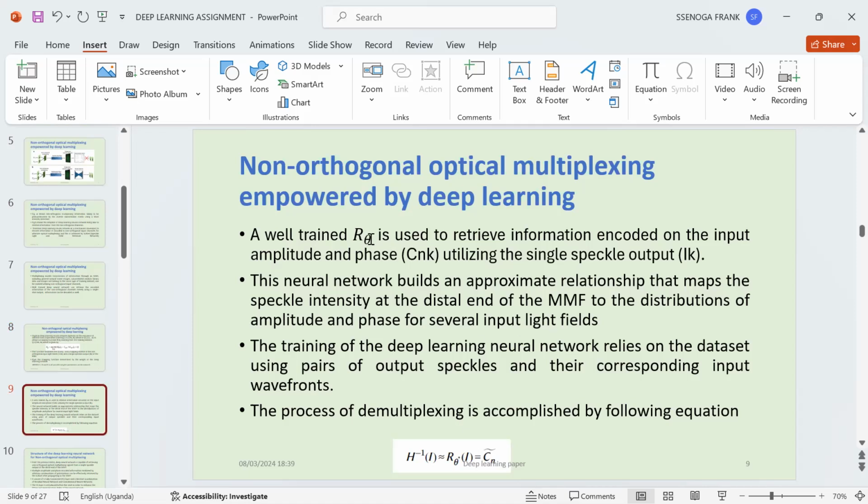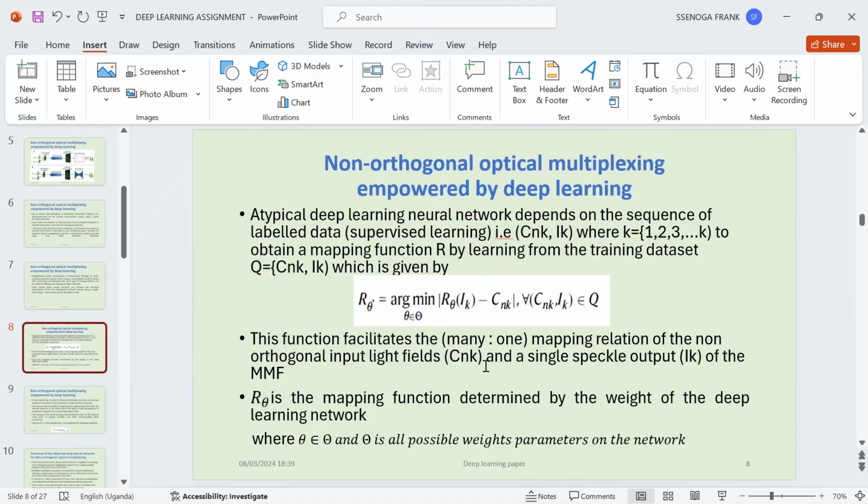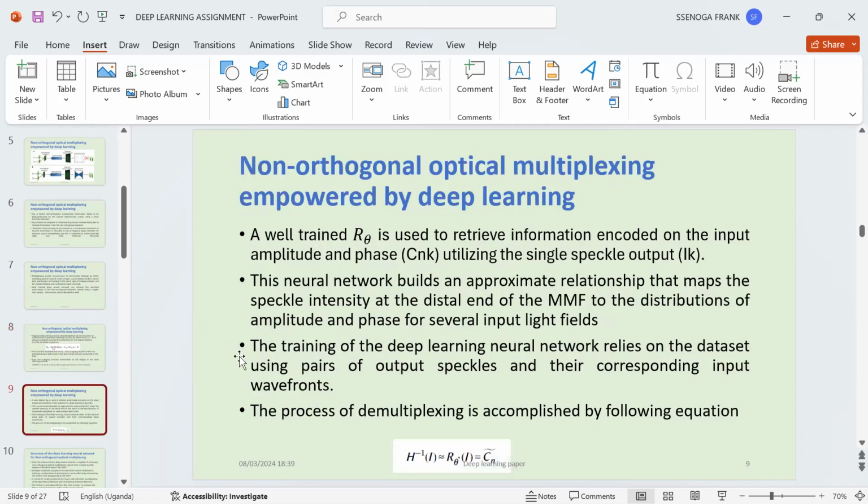So a well-trained R_theta, the relation matrix, the relation expression which I am showing is this one here. When it is well-trained, it can be used to approximate the relationship between the speckle output and the many input signals or light fields from the input side.